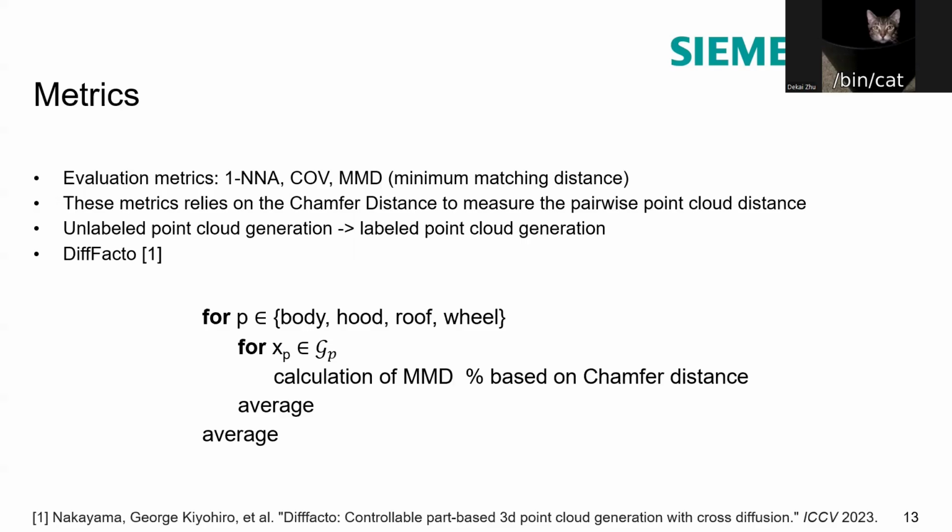However, the existing discussion mainly focuses on the generation of unlabeled point clouds, and not too much work has discussed the generation of labeled point clouds. If we focus on these topics, then it becomes necessary to focus on both geometry quality and the consistency between the segmentation label and the geometry.